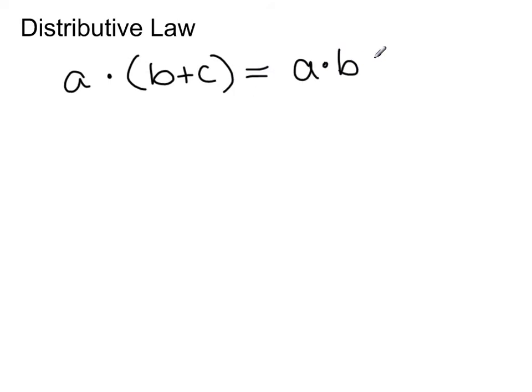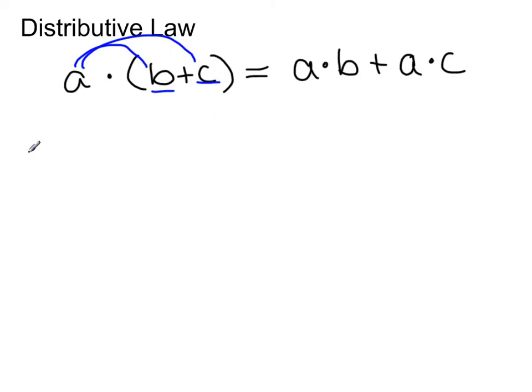So distributive law states we have A times B plus C is equivalent to, or equal to, A times B plus A times C. And that's all we need to know. So what we do is we take that A and we distribute it to each term, to each letter inside the parentheses. And I can't combine B plus C because they're not the same.